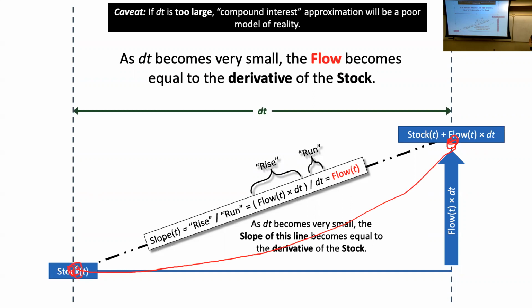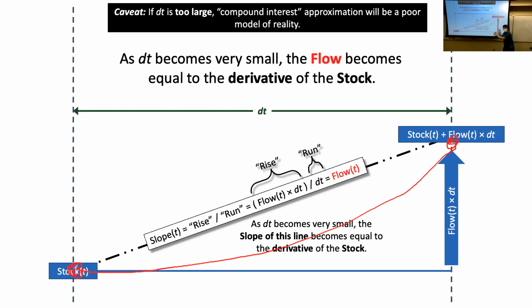So in reality, our stock is growing like the red line, but we only simulate it at that point and at that point. Now, the derivative, or the rate of change, or the slope along this red line is constantly changing in between these two points. But our simulation just assumes that it's effectively constant that whole time, that it has the same slope here as it does up here.